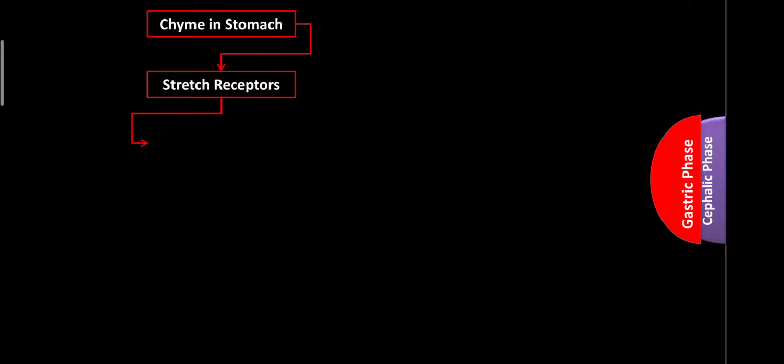This vagus nerve, the 10th cranial nerve, carries the stimuli created by stretch receptors towards the cerebral cortex. Then the motor part of the cerebral cortex integrates the message and develops a new stimulus, which reaches the hypothalamus.